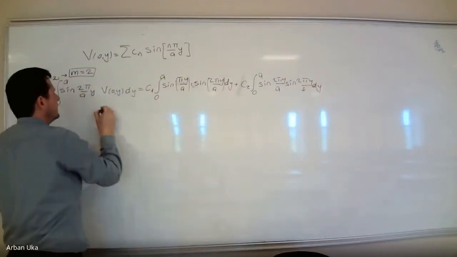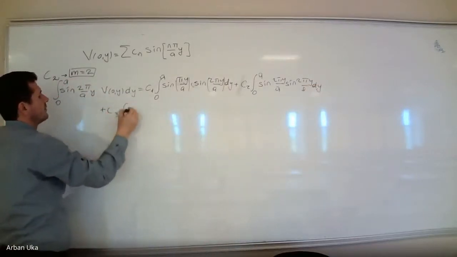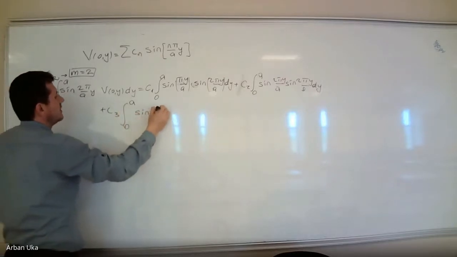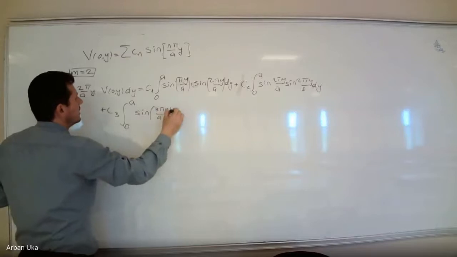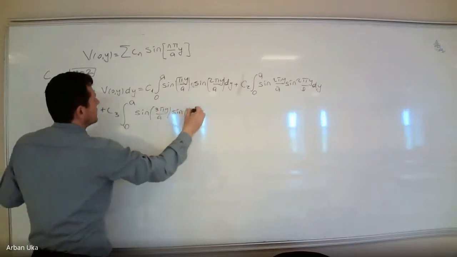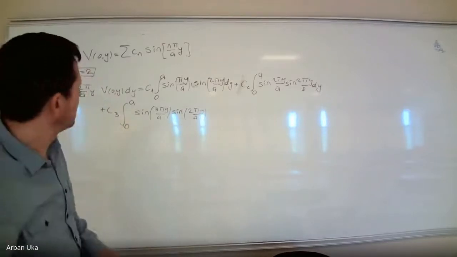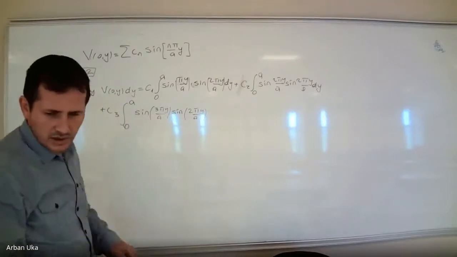We continue again, plus C3 integral, the same thing. Here we have sine 3 pi y over a sine 2 pi y over a. Maybe the best would be if we use color-coded.